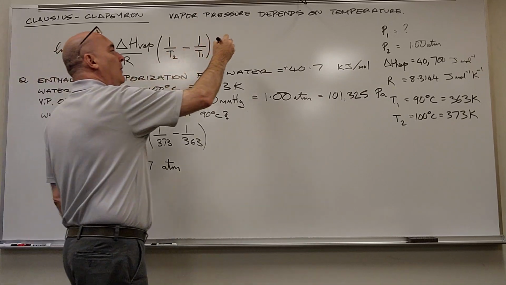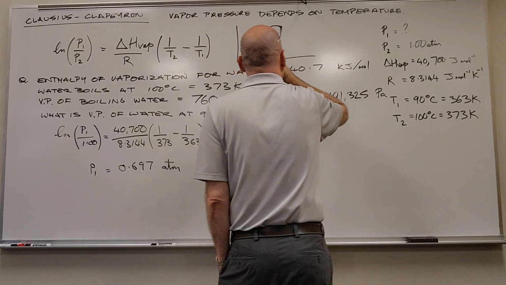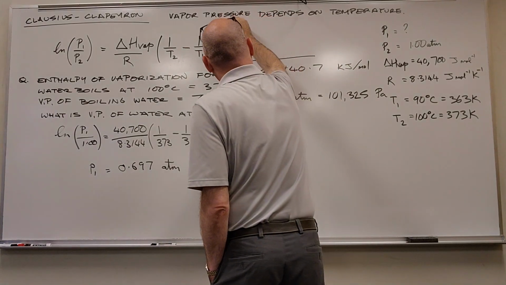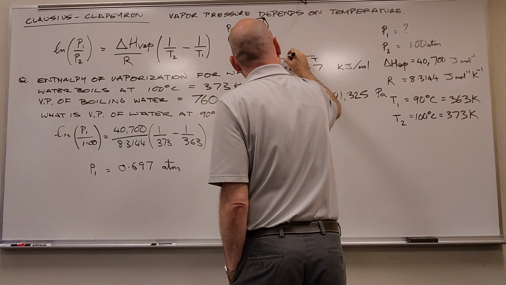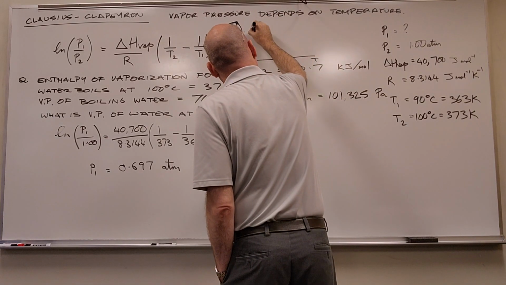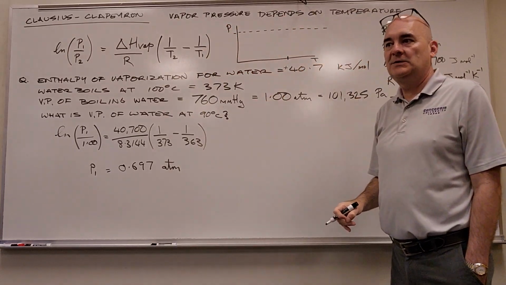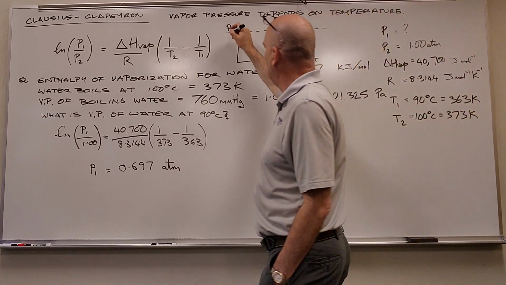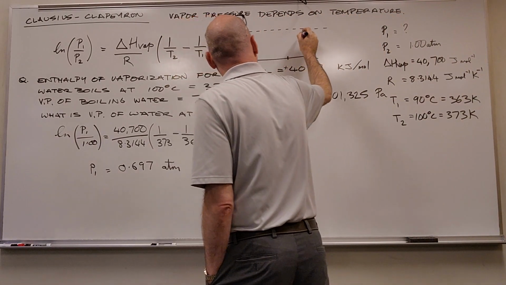So if we were going to plot, what should we plot? We should plot pressure versus temperature at, that's the magic number right there. That's atmospheric pressure. So if we did this in atmospheres, that would be 1 atmosphere.